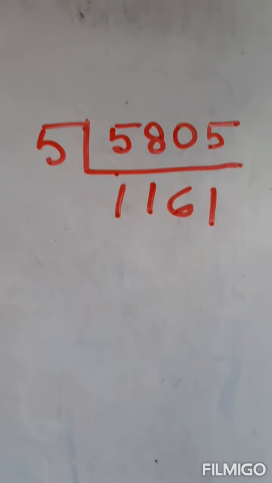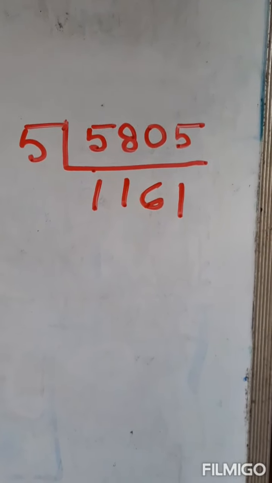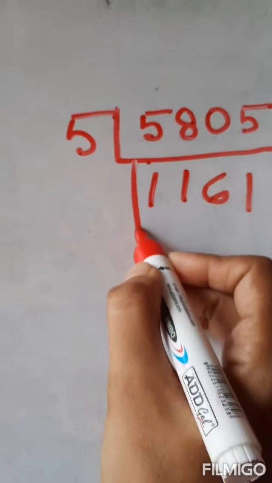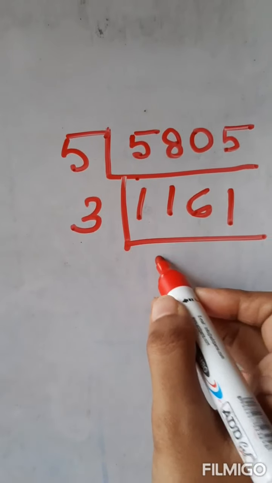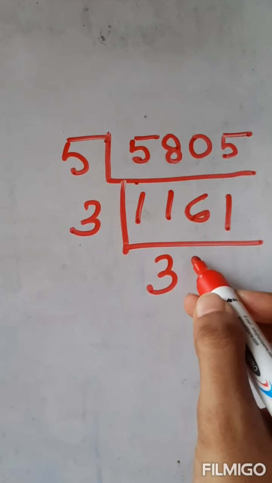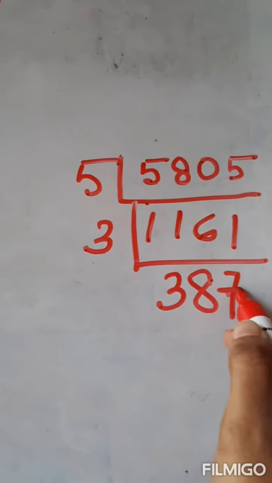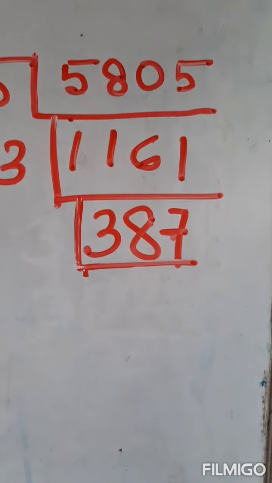Now, if we add the digits of 1161, we get 9. So it is divisible by 3. We get 387.